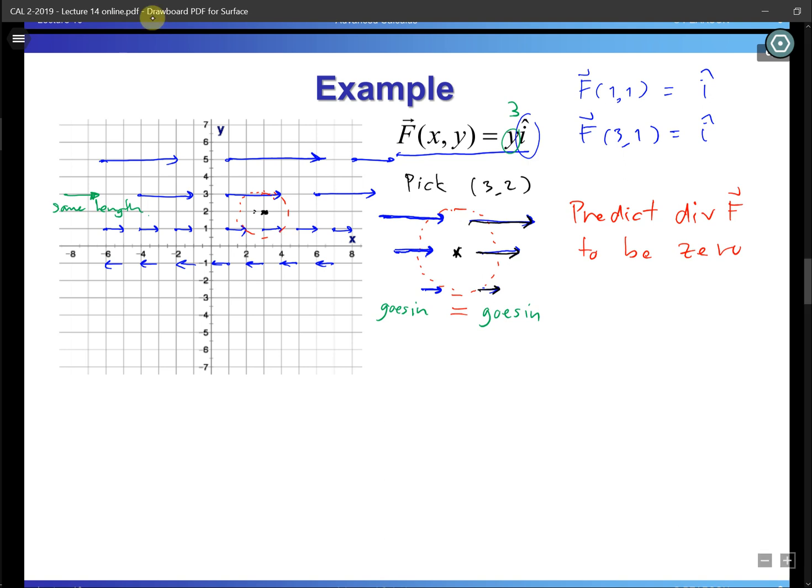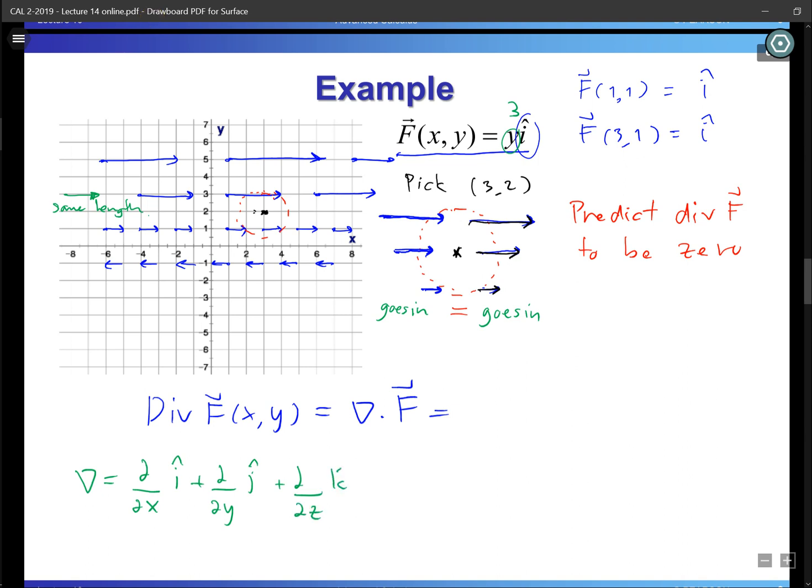We want to find the divergence of F(x, y), and we know this is equal to del dot F. Del is equal to the partial derivative of something with respect to x, i, plus the partial derivative of something with respect to y, j, and the partial derivative of something with respect to z, k. Now let's find the dot product.